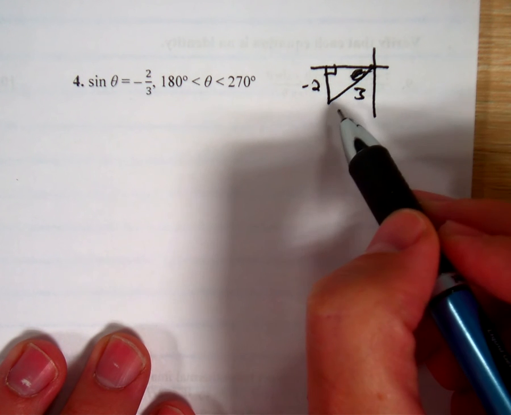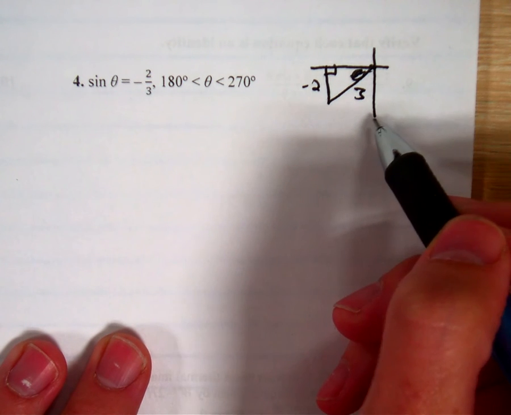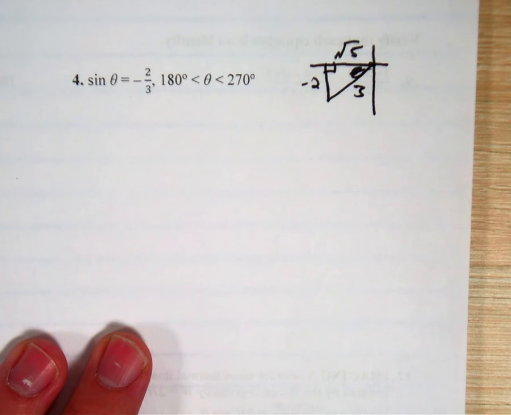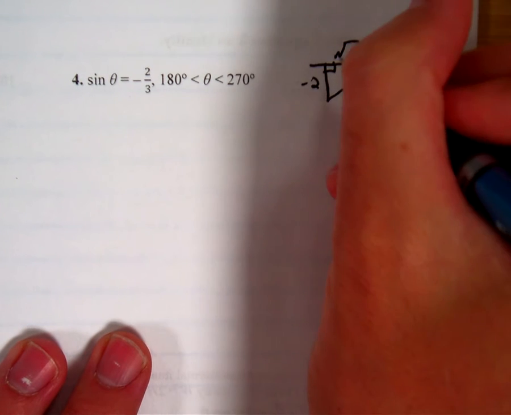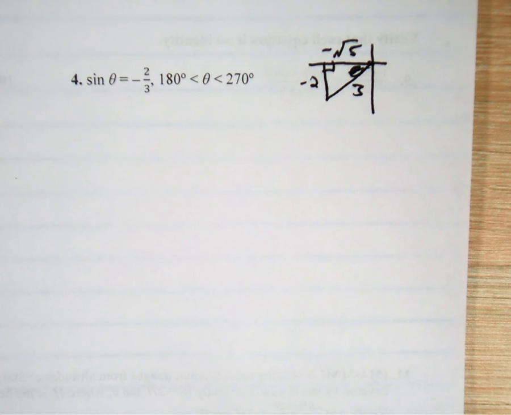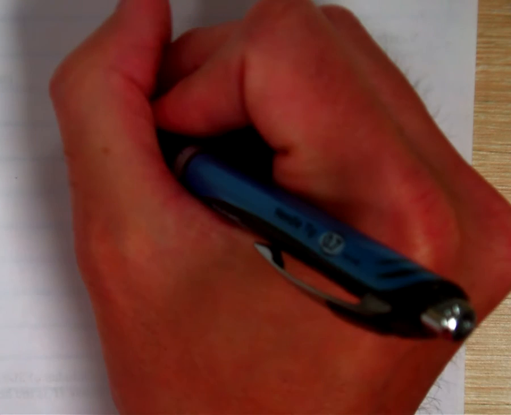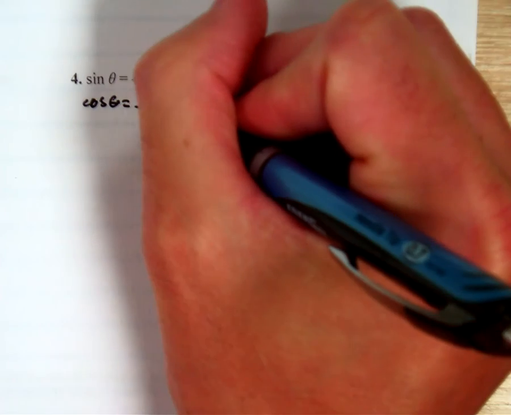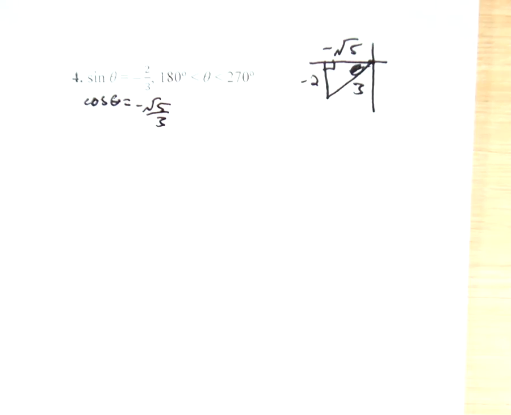Hypotenuse is always positive. Okay, a squared plus b squared equals c squared. We're going to get radical 5 over here, and it's negative because we're in quadrant 3 where sine and cosine are both negative. Okay, so we're going to put that down over here off to the side that cosine theta is also negative radical 5 over 3.